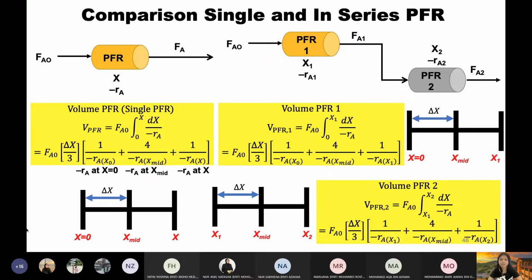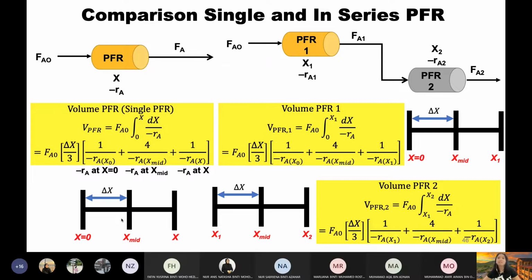Again, I emphasize delta X is not your middle X. Just in that case, if your X starts from zero, delta X is the same as middle X. That happens for a single reactor and the first reactor in series. But delta X will not be the same as middle X for the second reactor.